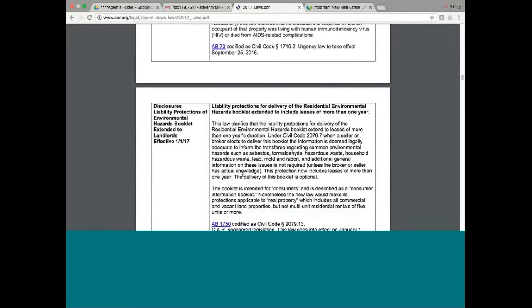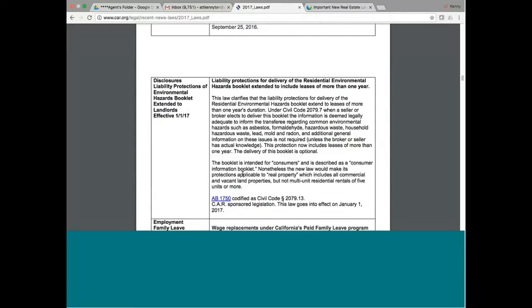All right, next one. This next one is about disclosures, liability, protections of environmental hazards booklet extended to landlords, effective January 1st, 2017. Liability protections for delivery of the residential environmental hazards booklet extended to include leases of more than 1 year.